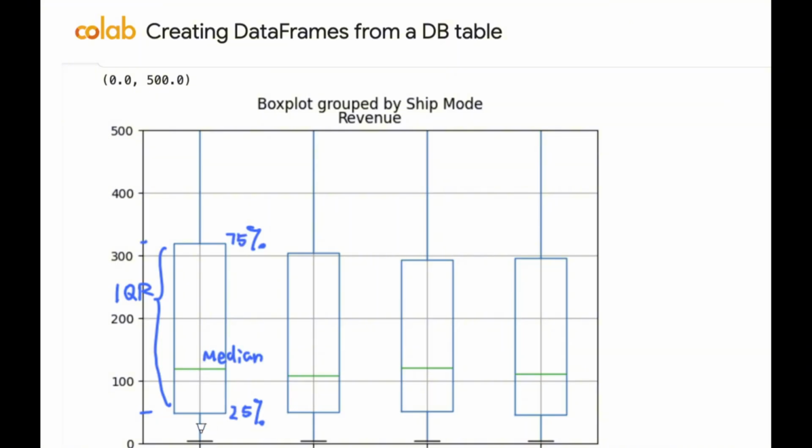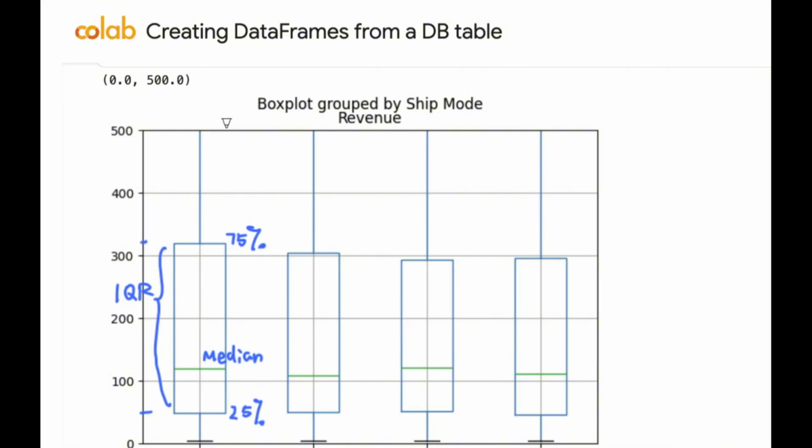And then there are whiskers, like an antenna, that extend from the bottom and go to the above. They reach out beyond the 75 percentile and 25 percentile, just to showcase that there's still considerable mass above 75% and below 25%, right?